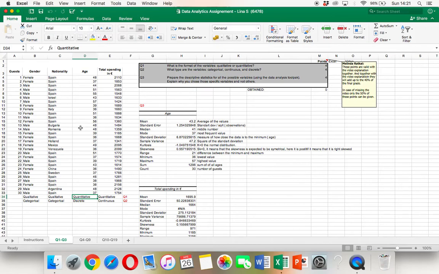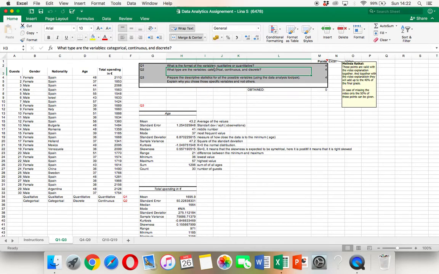Indeed, they both are quantitative because you can calculate them and they are measured, and they change from one person to another for the spendings, and from one year to another for one guest, etc.